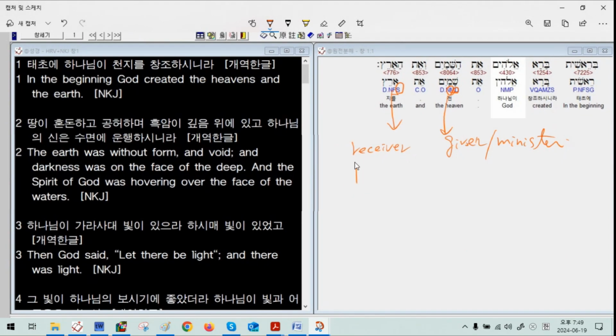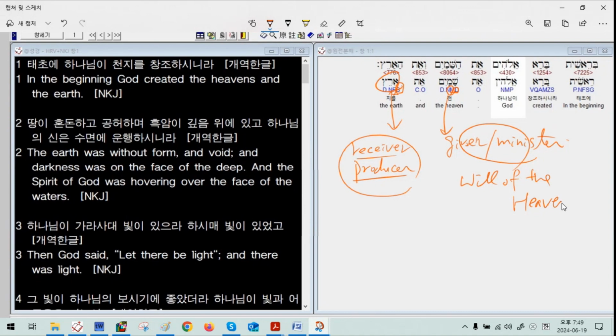And once you receive, producer. So the earth is the feminine noun that accepts the will of heaven. Again, heaven is the doer.